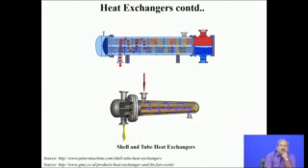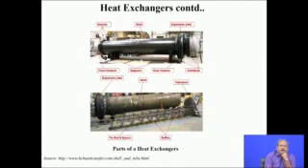This is an actual heat exchanger, and you can have an idea of the size of this heat exchanger, how large it can be, and the different parts of the heat exchanger are shown here. So, you have the nozzles through which the liquid is going to come into the heat exchanger.